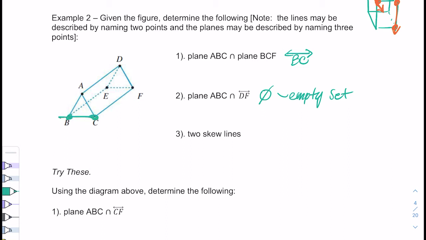So this line right here, okay, and then line DF. Those 2 lines are in 2 different planes and they're never going to intersect. So line BC and line DF.